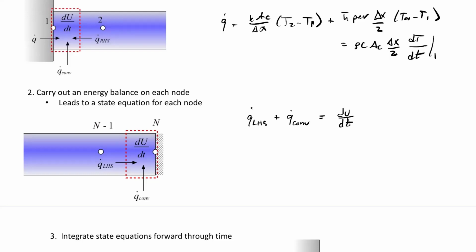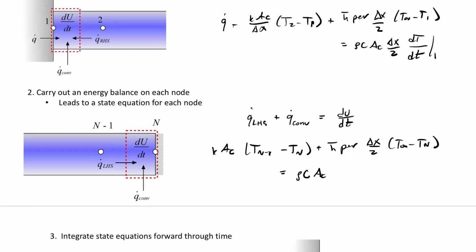So this becomes k Ac (T n minus 1 minus Tn), that's from the left-hand side, plus h bar perimeter delta X over 2 times (T infinity minus Tn). And that has to equal rho C Ac delta X over 2 times dT/dt evaluated at n, for node n. So we could easily solve both of those two equations for our rate and go from there.